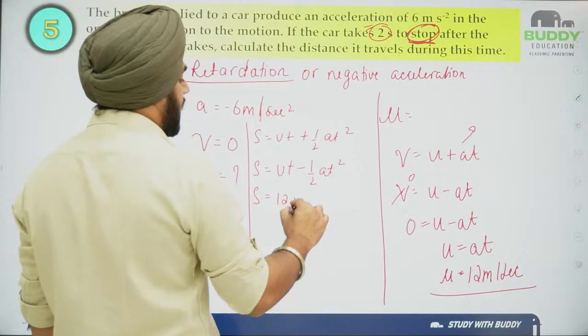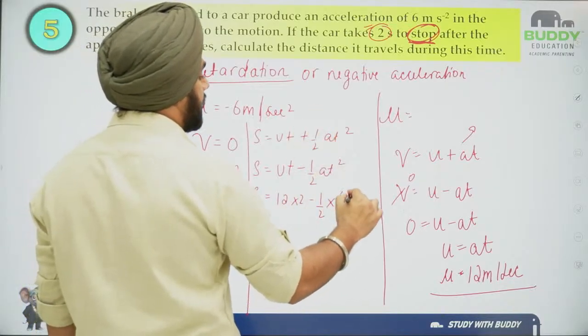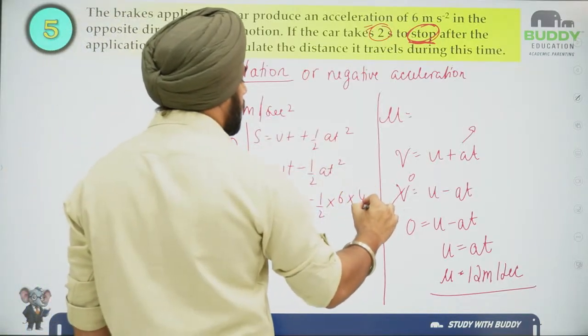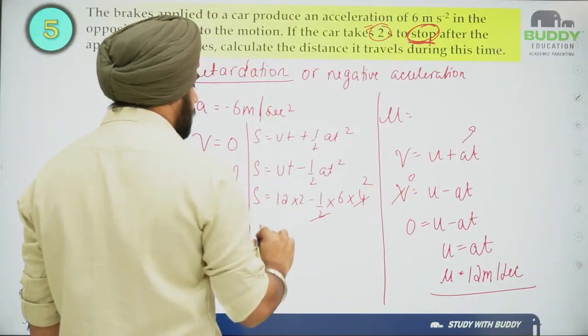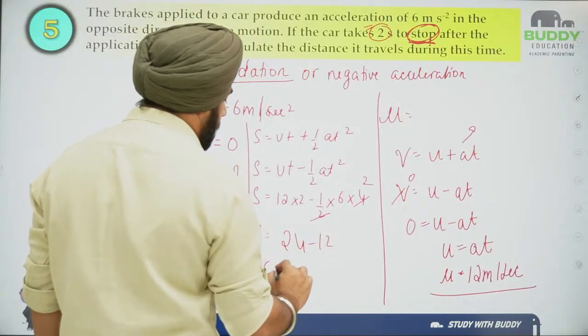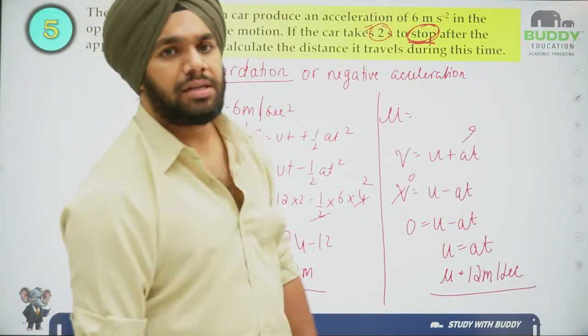So 12 into 2 minus half into 6 into t square, that is 4. So this is 24 minus 12, that is 12 meter. So the distance traveled by the car before stopping is 12 meter.